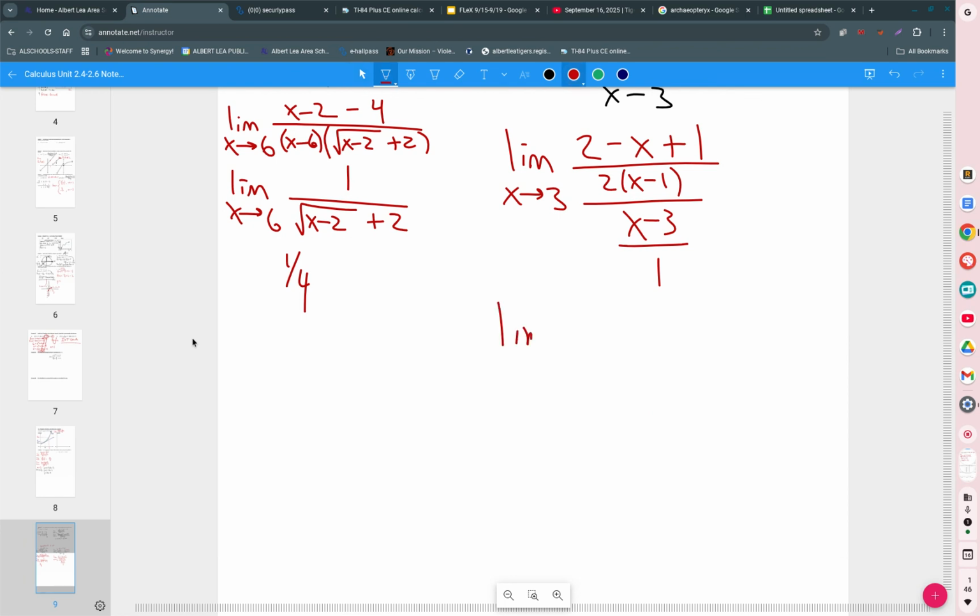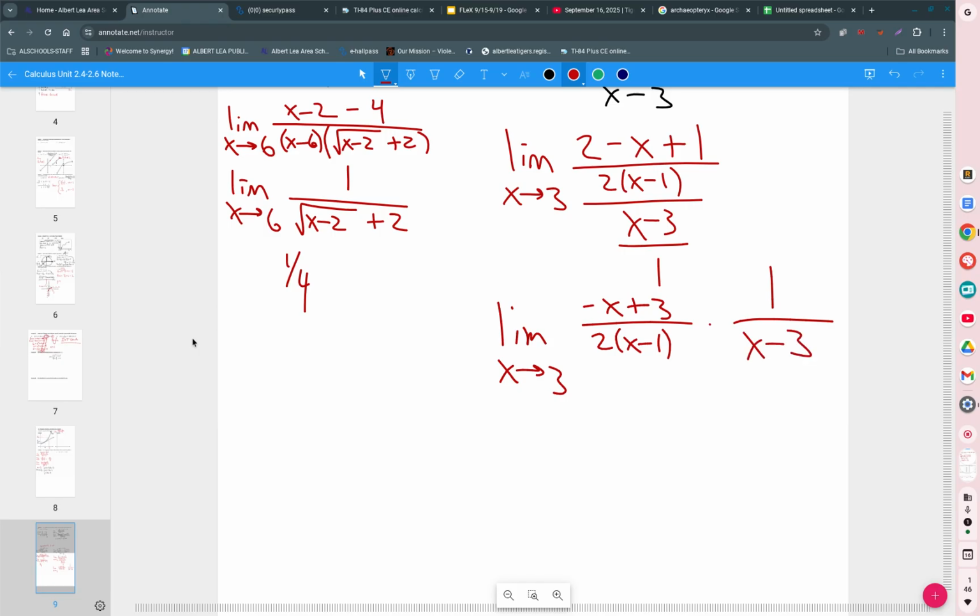So I have the limit as x goes to 3 of, what do you have in the top? Negative x plus 3, or 3 minus x, either way you want to write it, over 2 times x minus 1. I'm not going to divide by x minus 3 over 1, rather I will multiply by the reciprocal.